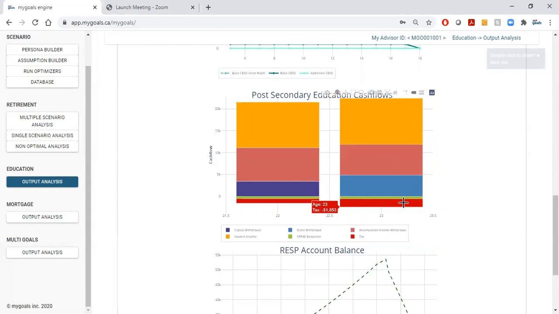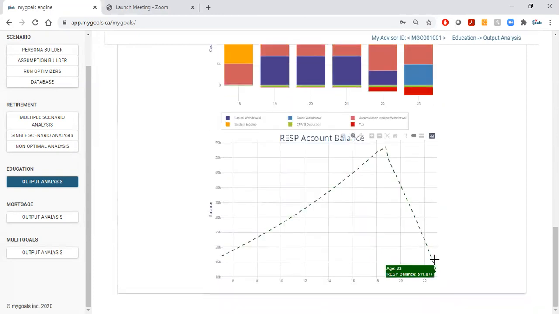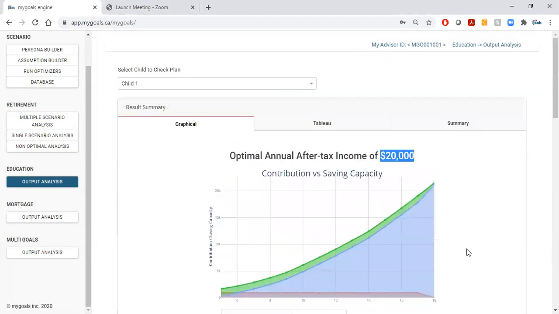And we're minimizing tax, but not eliminating tax. The income is well over $20,000 a year, and the taxable income would be well above and beyond the basic personal amount of about $13,200 and change in 2020. And then we're drawing down the account balance of child one towards zero.